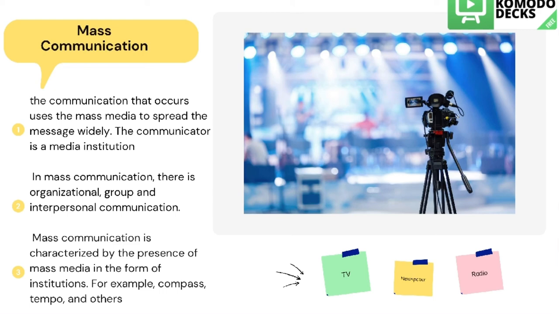Actually, in organization communication, there is definitely group communication and so on, down to intrapersonal communication. The types of mass communication include newspaper, television, movie, radio, magazine, sound recording, and others.